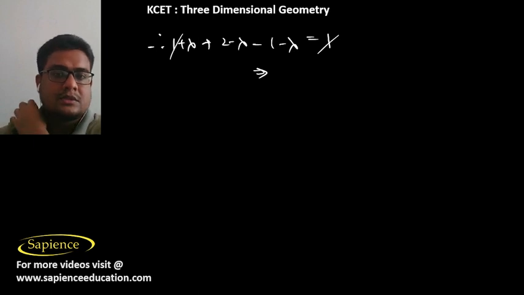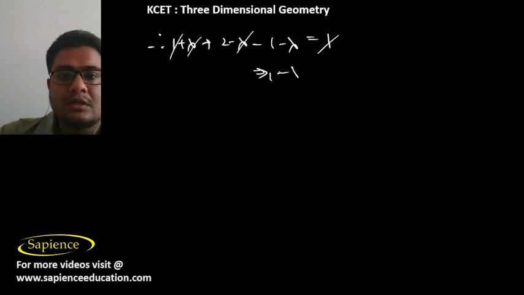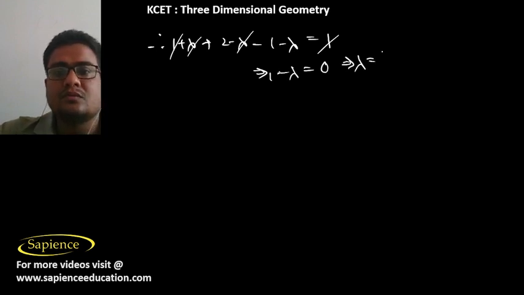Then here we can see that lambda and minus lambda will cancel. So this will be 1 minus lambda equal to 0. So lambda should be equal to 1.